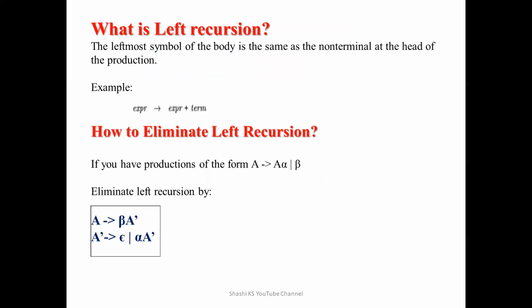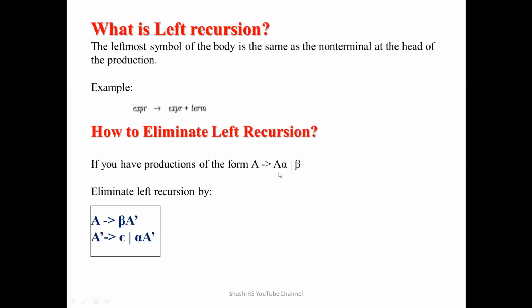Now we have to know what is left recursion. Left recursion is nothing but whenever the leftmost symbol of the body is the same as the non-terminal at the head of the production. In simple terms, if I have a production of the form A derives A alpha, here the leftmost symbol of the body is A and the symbol at the head of the production is also A. This type of production is called a production having left recursion.